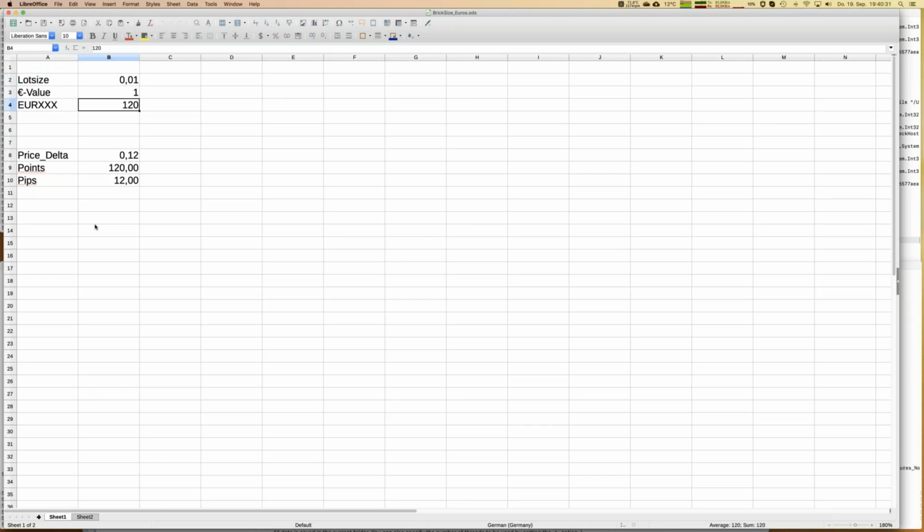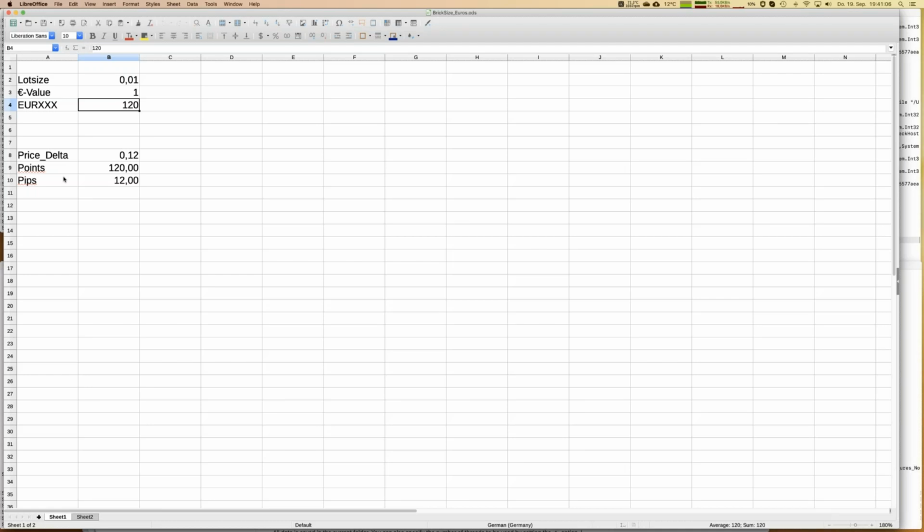Even if you want to trade US dollar, Japanese yen, what you need to know is the exchange rate euro Japanese yen, at least if your account is in euro. So we need that exchange rate, and then we get the values in points for the one indicator, or in pips for the other indicator, or the pure price difference, it's the first number here.